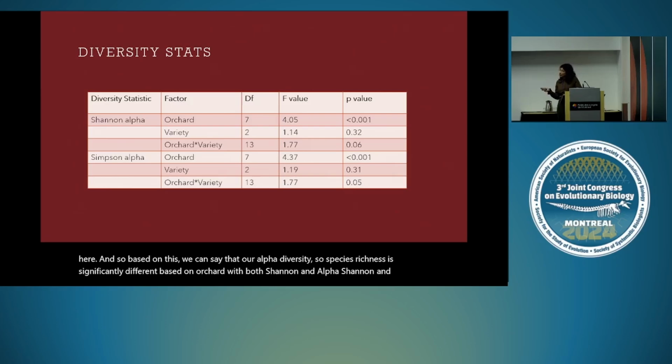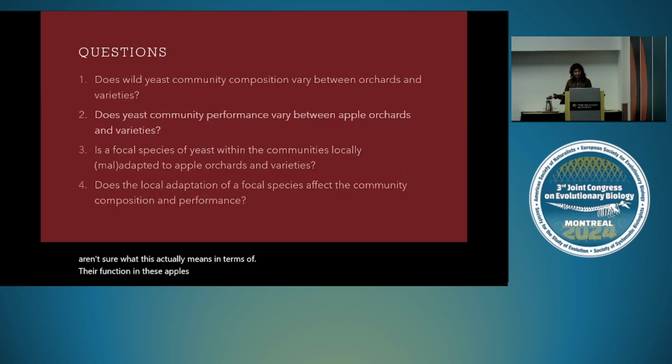But by variety, we aren't seeing significance, which makes some sense because they are clonal and are replicated across these orchards, but they're still like the same thing. And with the Simpson alpha, we do see that orchard and variety shows significant interaction, but we aren't sure what this actually means in terms of their function in these apples, and so I'm going to address that next with the yeast community performance.